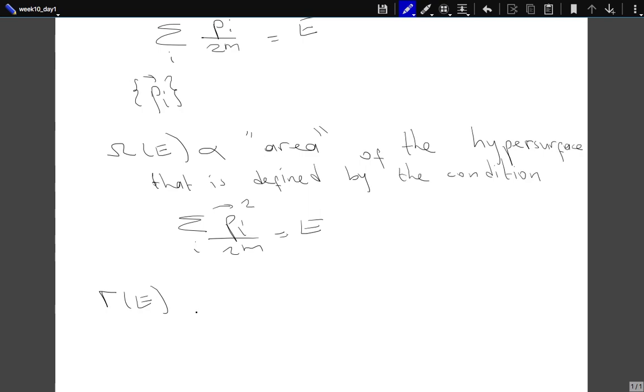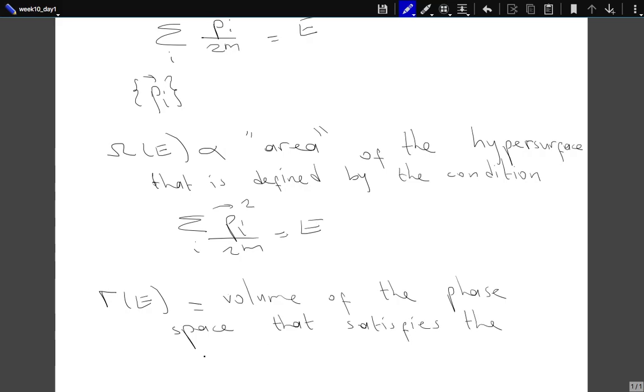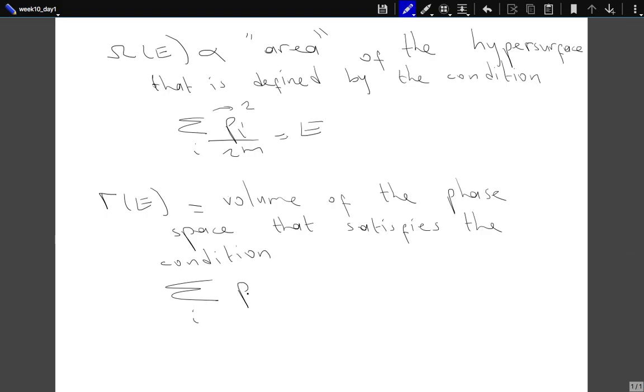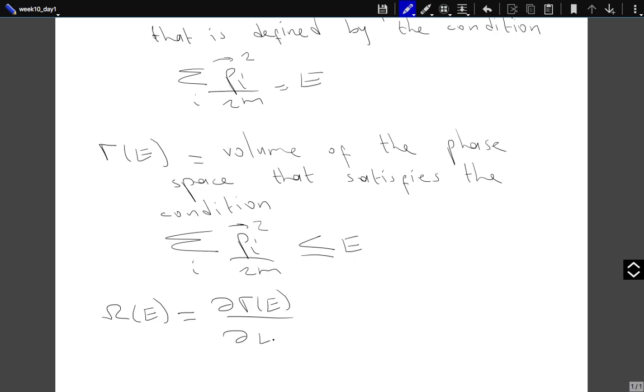Gamma E is the volume of the phase space that satisfies the condition that this is less than or equal to E. Because if you know the volume, then you can define omega E, the area, that is basically the derivative of gamma E with respect to the energy E.